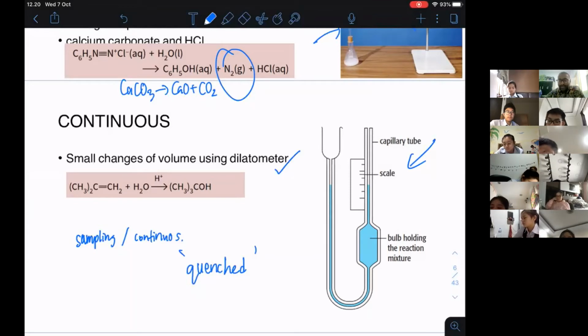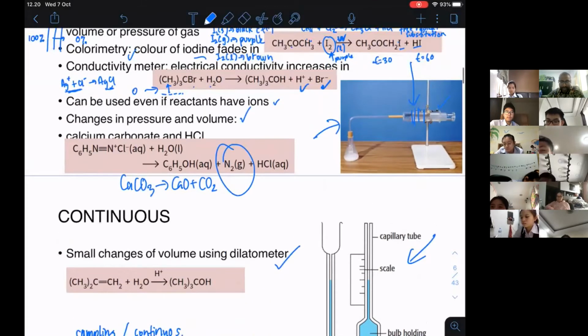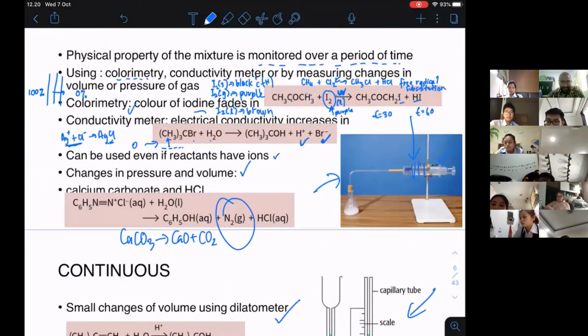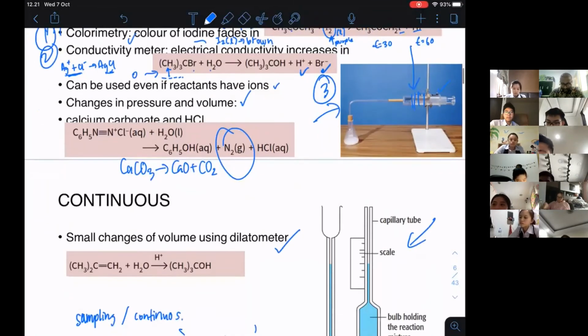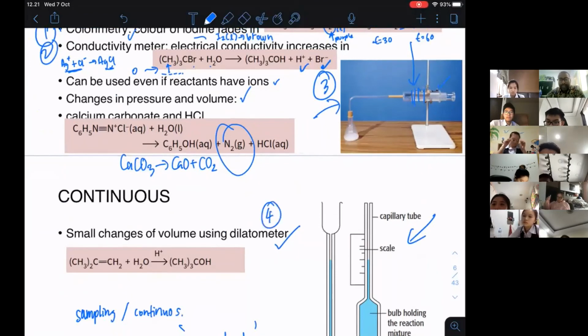Small changes of volume, the dilatometer, will be another method. So you have a total of 4 methods here: colorimetry, conductivity meter, the gas syringe, and the dilatometer. Take note of this.